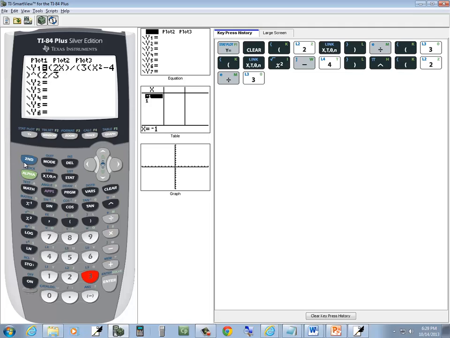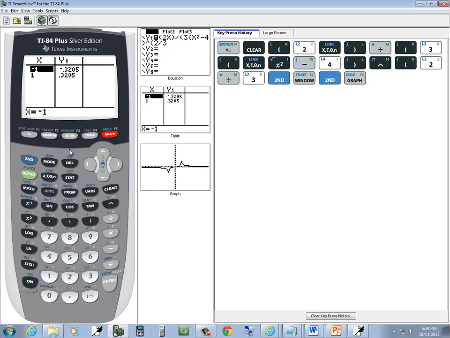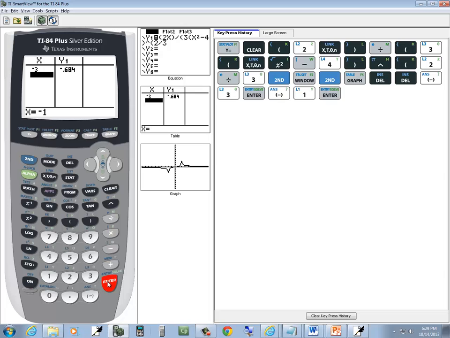Now you want to make sure your table is set up correctly, so you do second window to go into table setup, and you want your independent variable to say Ask. If it doesn't say Ask, down arrow to that line, right arrow, put your flashing cursor on Ask, and press enter one time. Then we'll do second graph to go into the table. I'm going to press delete to clean out what I have there. And we want negative 3, enter, negative 1, enter, 1, enter, 3, enter.